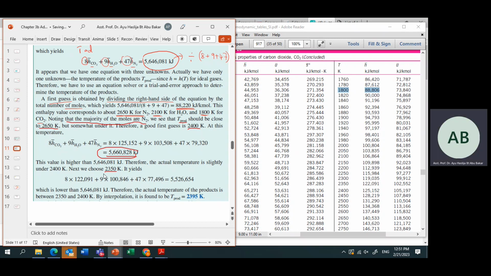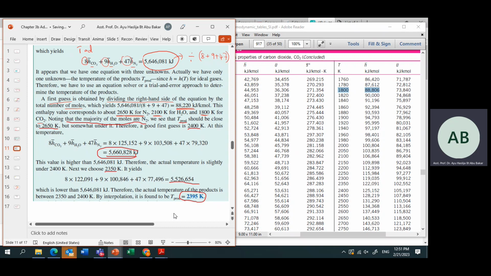So that's why it guessed the second temperature, 2350. Plug in all the info, the enthalpy for each component at 2350. Then you will get this figure, which is slightly lower than the original enthalpy. So from here, you still need to do the interpolation. Then you will get the T adiabatic is around this figure.